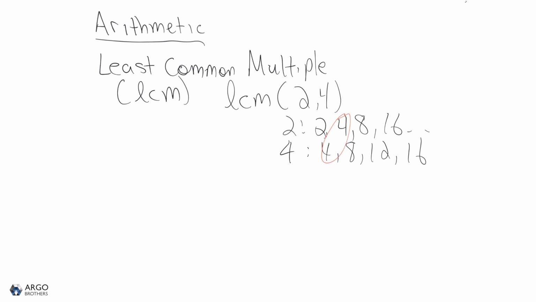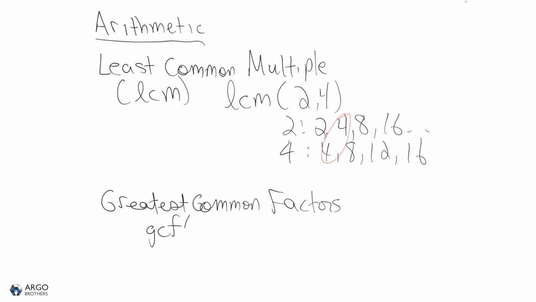Okay, great. So now what about greatest common factor, as I said I would do? So greatest common factor. You can sort of guess what that is. Instead of actually talking about multiples, we'll be talking about factors. So I'll do the same thing. What is the GCF, or greatest common factor, of 2 and 4? Well, what are some factors of 2?